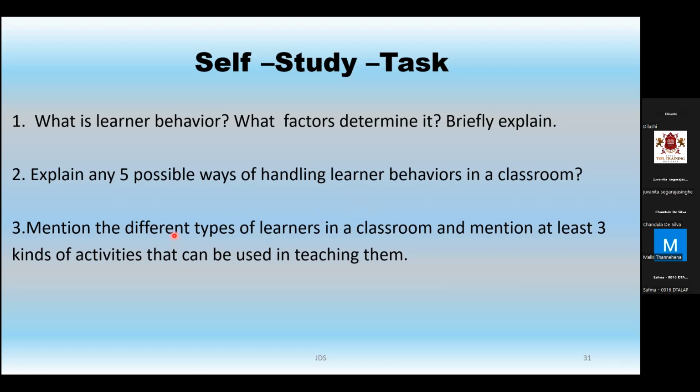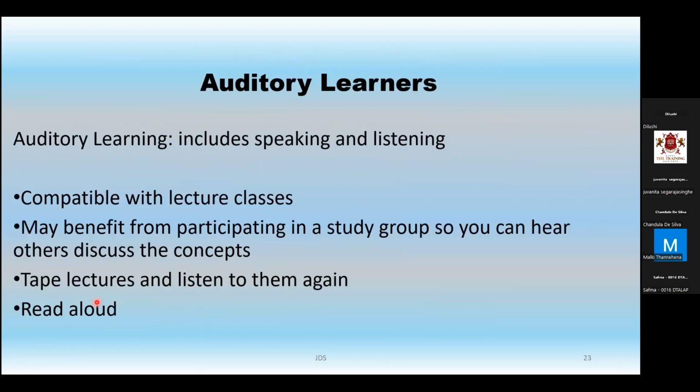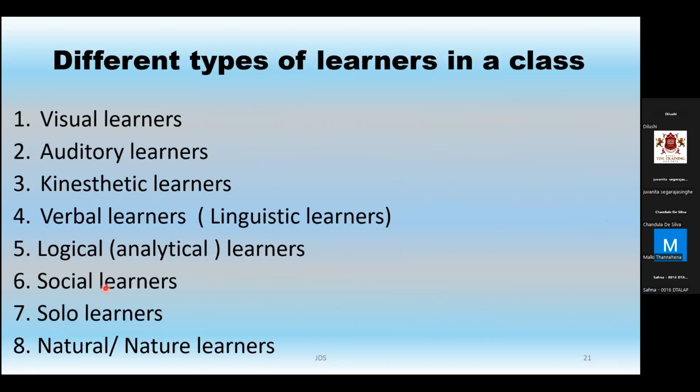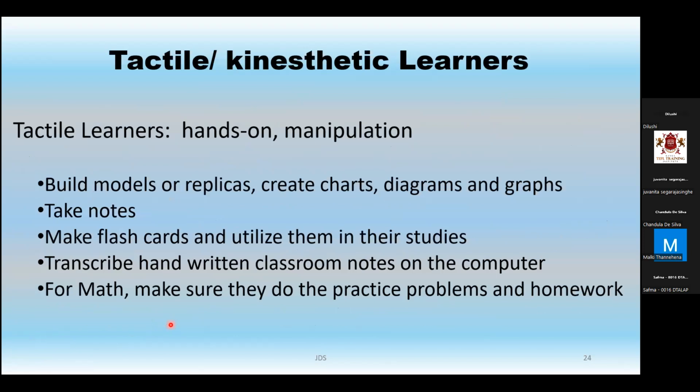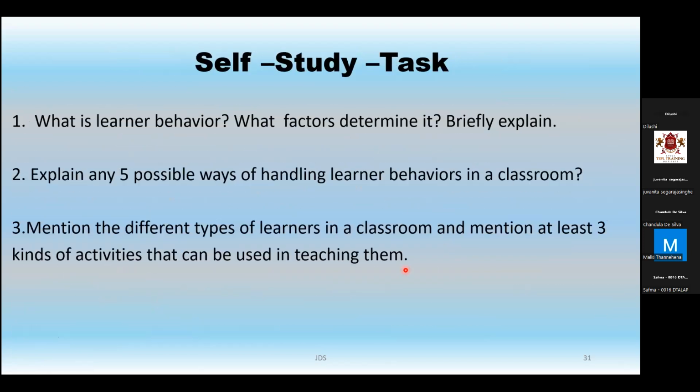Right, just mention all of them, in point form. I can't remember how many there were, 6 or 8, right? So mention all these different types of learners first, and then at least 3 kinds of activities that can be used in teaching with them.